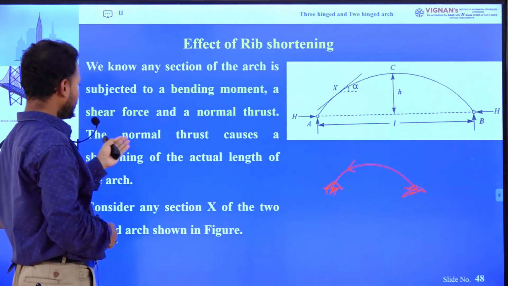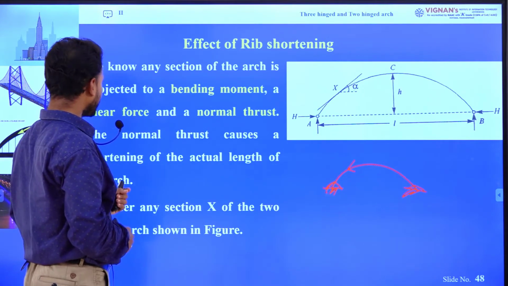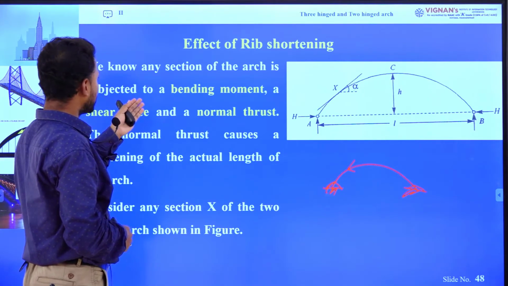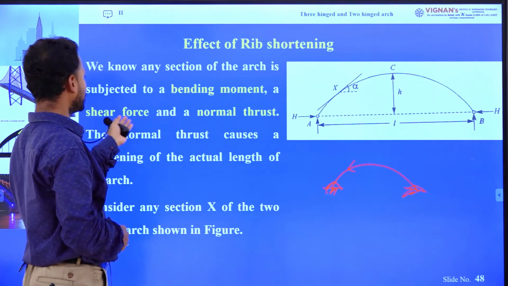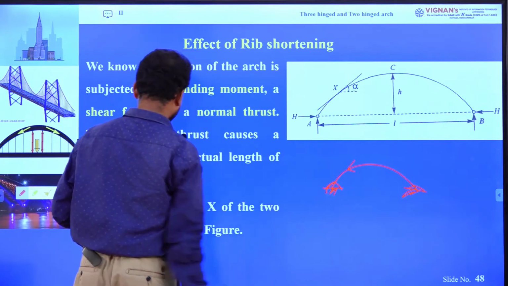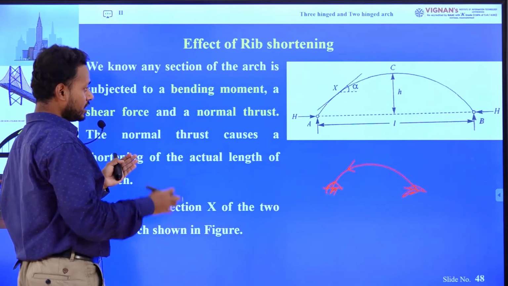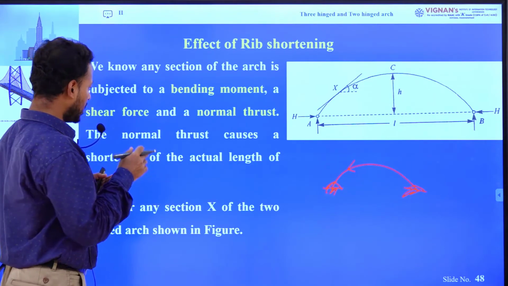The normal thrust causes a shortening. We know any section of the arch is subjected to a bending moment, shear force, normal thrust, etc. Due to this normal thrust, the length of the arch decreases.